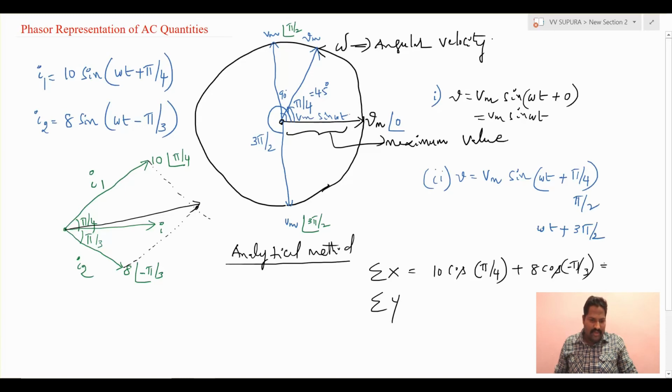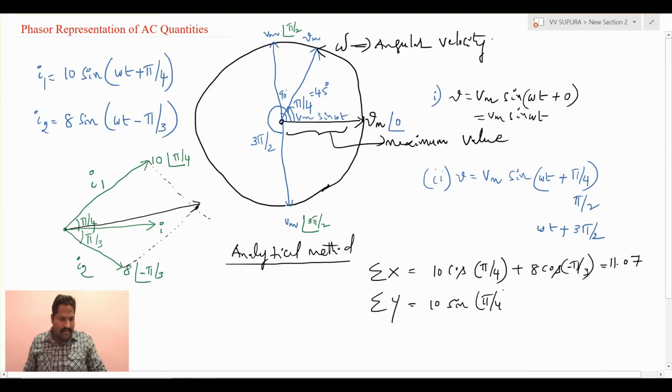That sum you can calculate using a calculator; we get 11.07. Coming to the y components, 10 sine pi by 4 plus 8 sine of minus pi by 3, which we can calculate as 0.14.